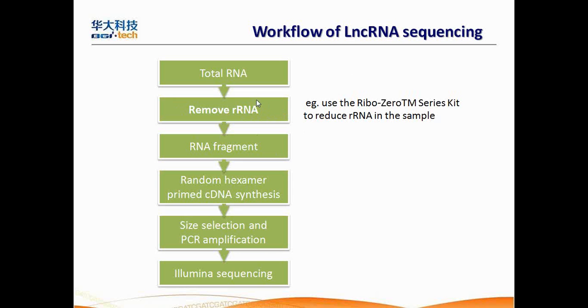We didn't remove the messenger RNA because some of the non-coding RNA also has a poly A tail. So if we use the poly A tail to enrich the messenger RNA and remove it from the total RNA, we will probably lose several important long non-coding RNA.